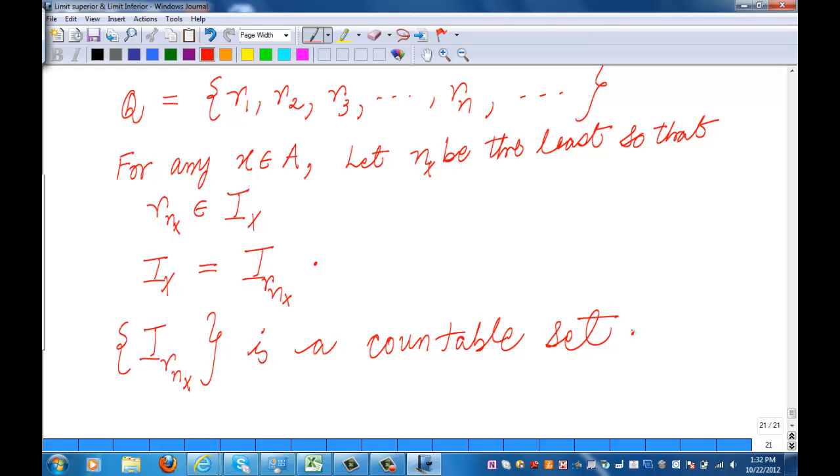Because the subscripts are going by these Rnx, which are rational numbers, and there are countably many of them.